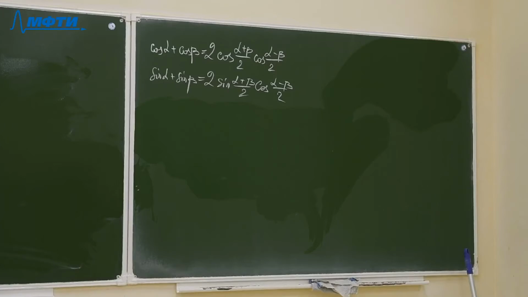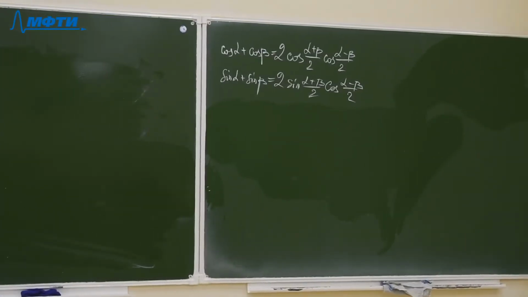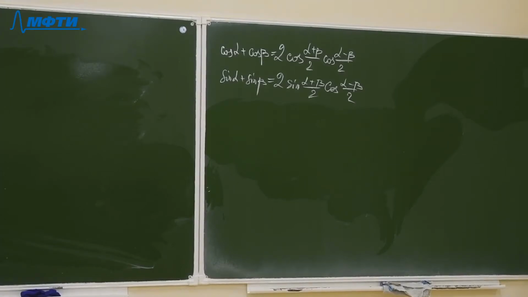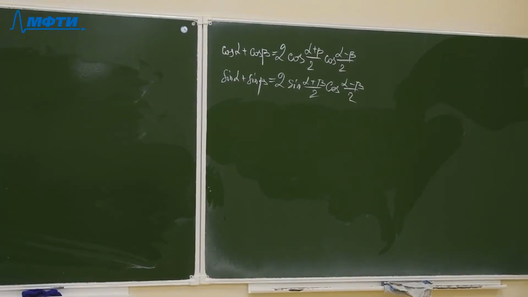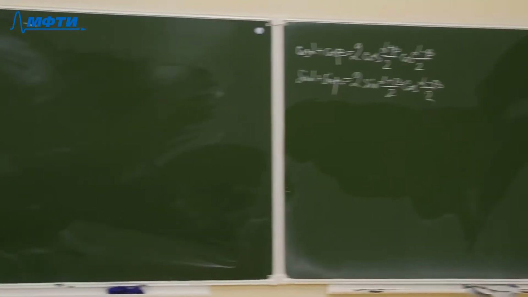So the second problem is a body on a plane. How to draw it? We have a plane which is inclined at angle alpha to the horizon, to the horizontal.